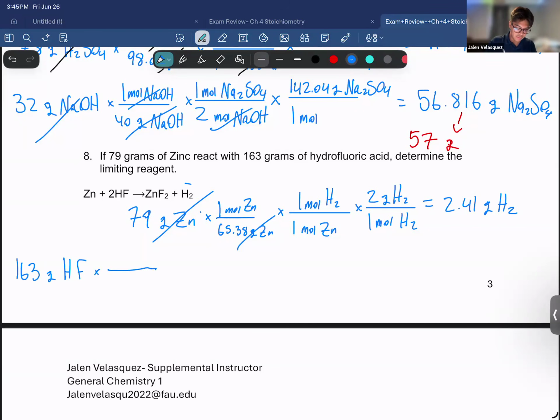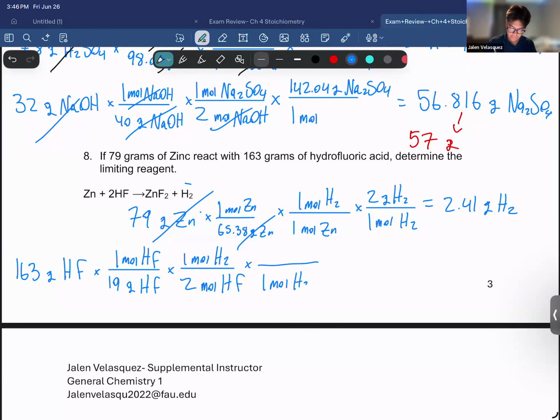So from the grams of hydrofluoric acid to the moles of hydrofluoric acid, then from the moles of hydrofluoric acid to the moles of hydrogen, and then finally from the moles of hydrogen to the grams of hydrogen.